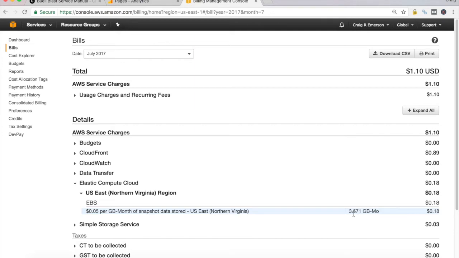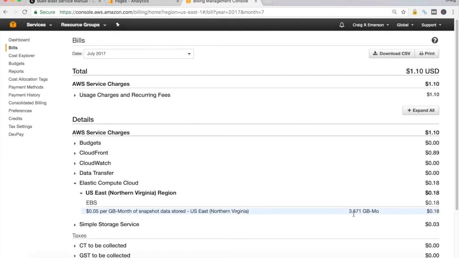It's a snapshot or a backup of my EC2 instance that I created that was running WordPress at the time. I've left it out there in case I ever want to spin up a new EC2 instance and restore from this backup. So basically I'm paying for storage, a total of 18 cents a month.